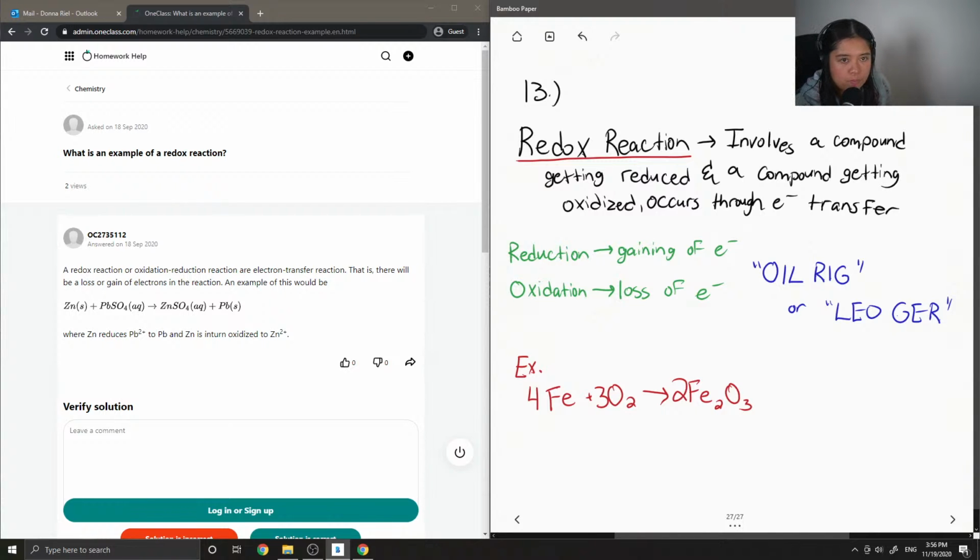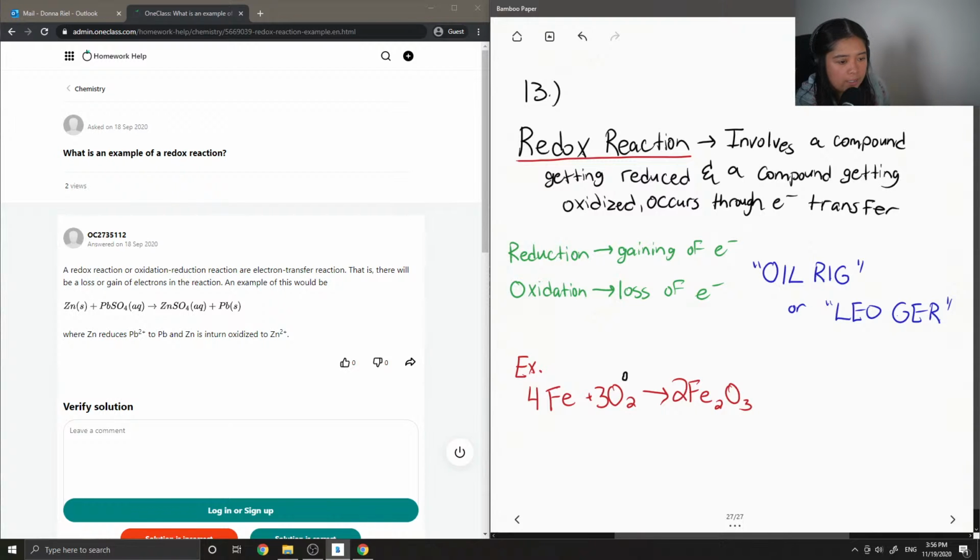So this is an example of a complete redox reaction.